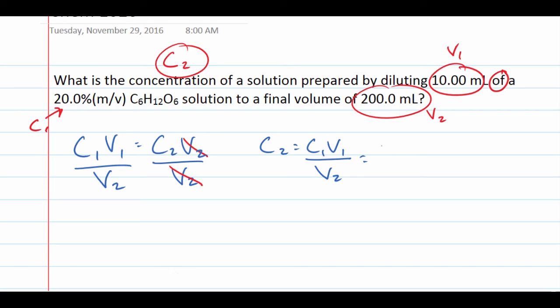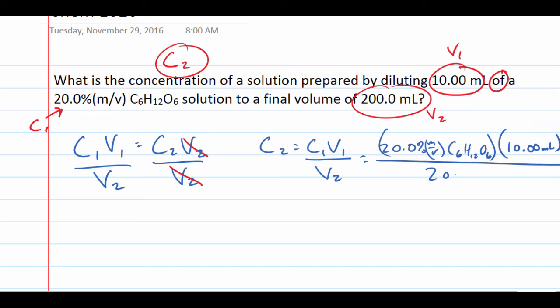Substituting them in, we have 20.0% mass volume glucose times the volume, which is 10.00 milliliters, and we're going to divide this by 200.0 milliliters.